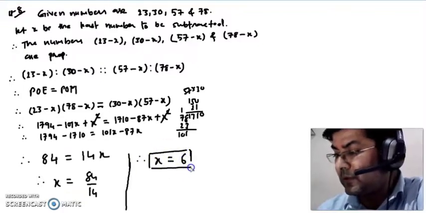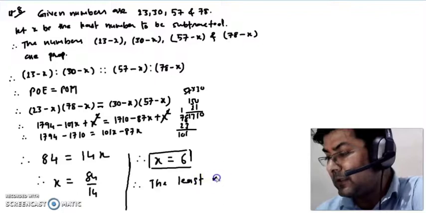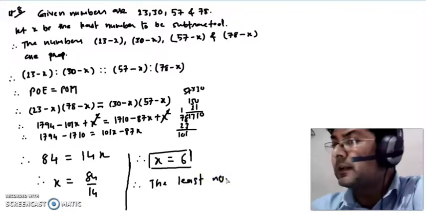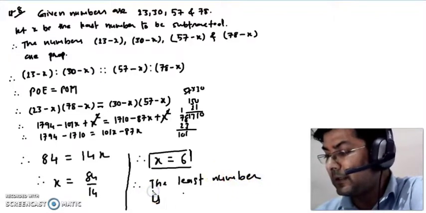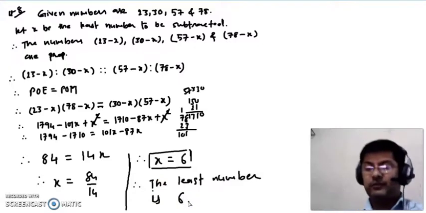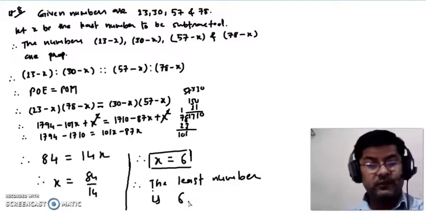And therefore the required number, the least number to be subtracted, is 6. Clear? This is the answer. So question number 8 is also over.